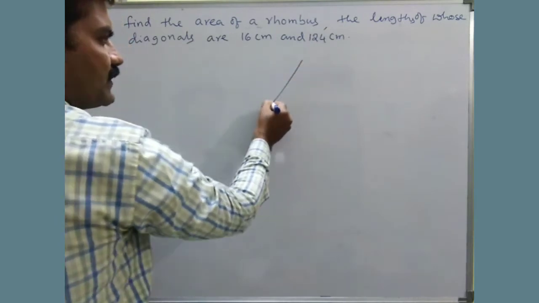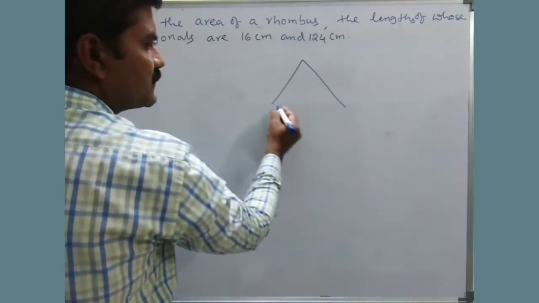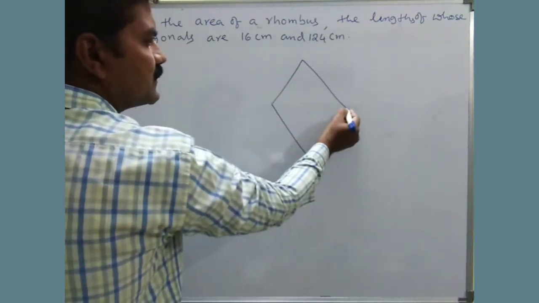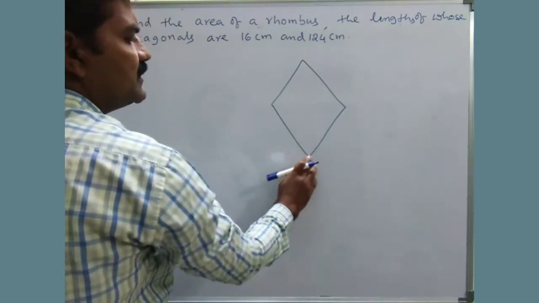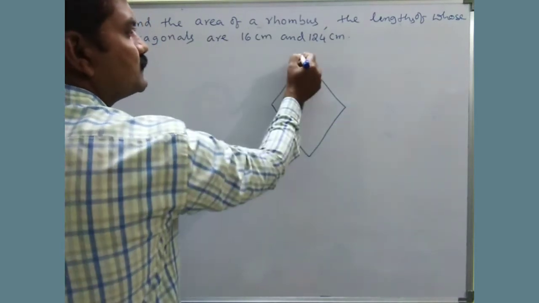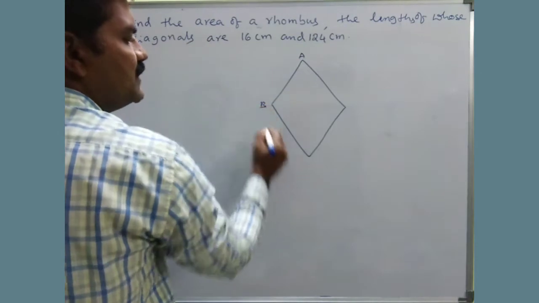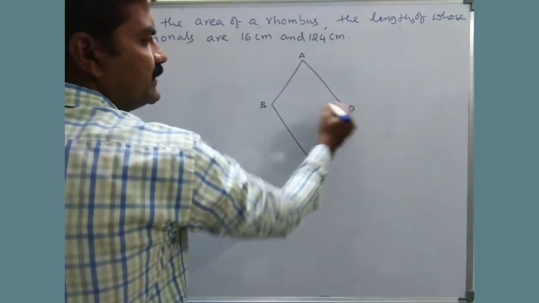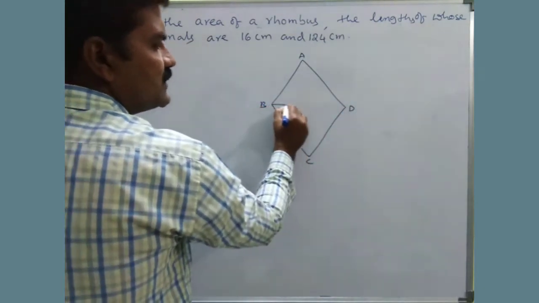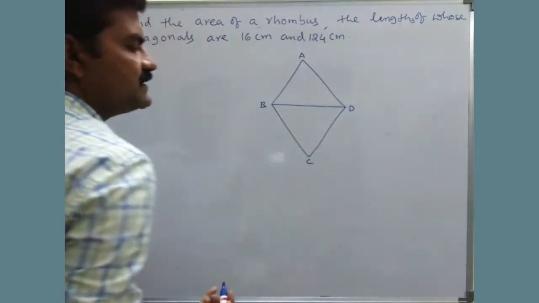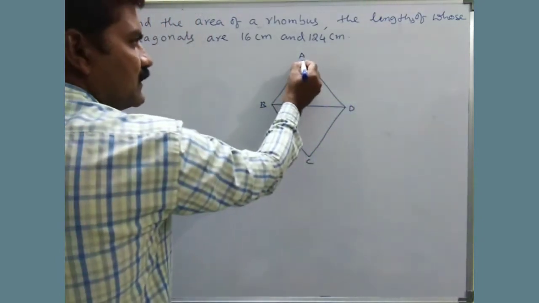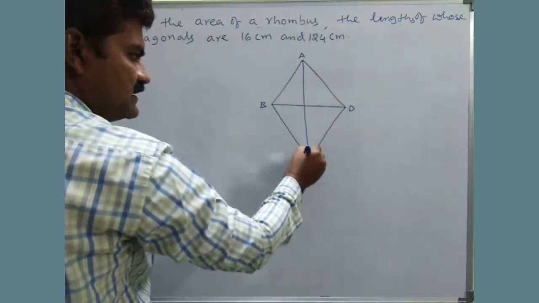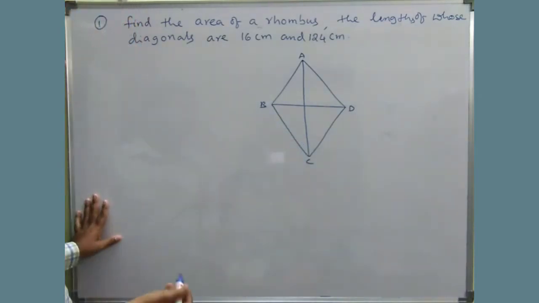See, suppose assume that let it be the rhombus ABCD. So in this rhombus, BD is one of the diagonal and AC is one more diagonal.